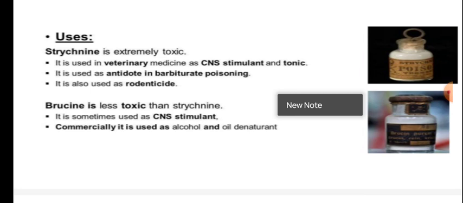Brucine is less toxic than strychnine. Sometimes it is used as a CNS stimulant, central nervous system, and commercially as an alcohol and oil denaturant. If there is an alcoholic or addict person, it is generally used to control his addiction.